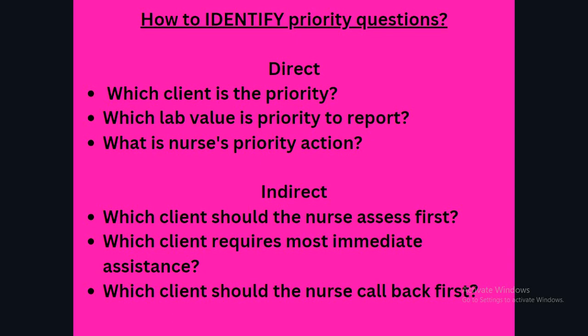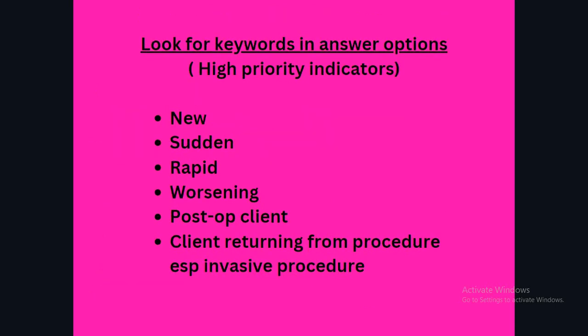Or it can be indirect, asking questions like which client should the nurse assess first, which client requires most immediate assistance, or which client should the nurse call back first. Like, there will be a scenario that the nurse received the following 4 calls, and based on the scenarios, which client should the nurse call back first, right?